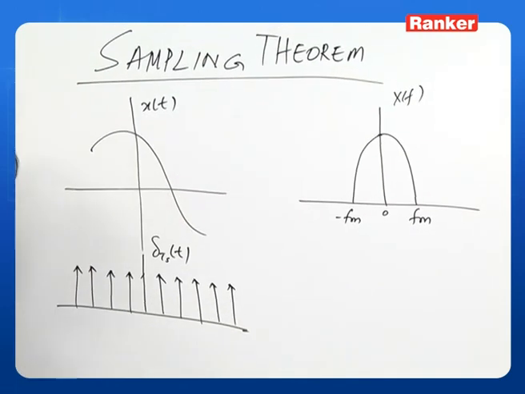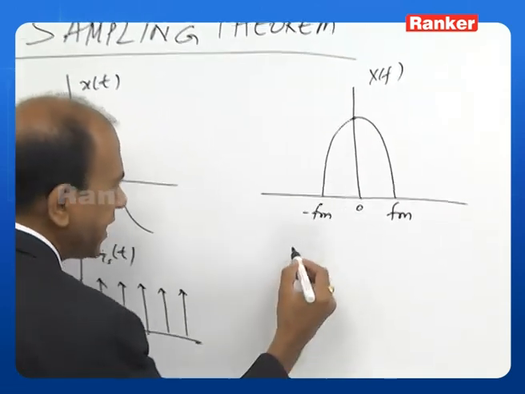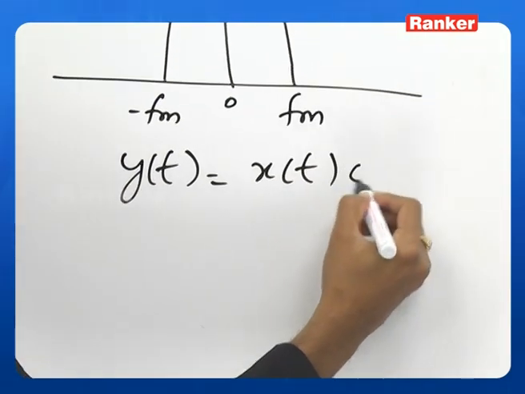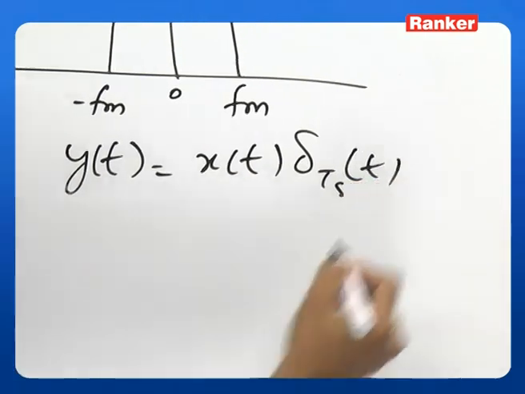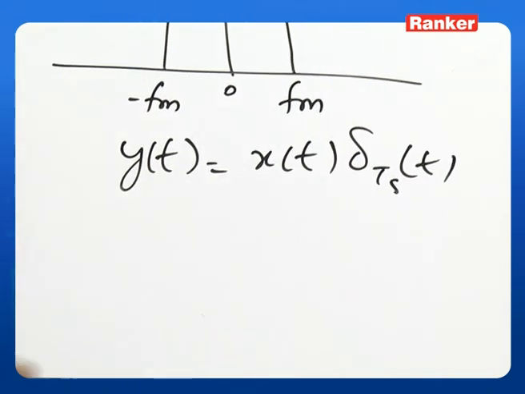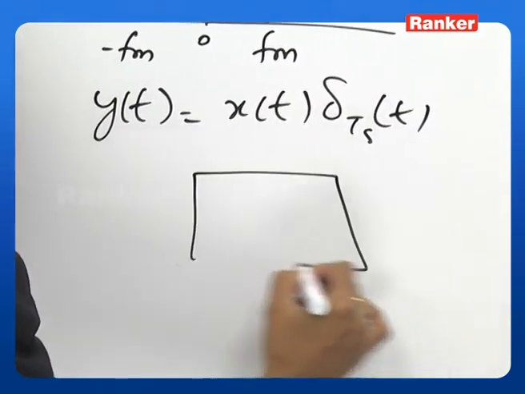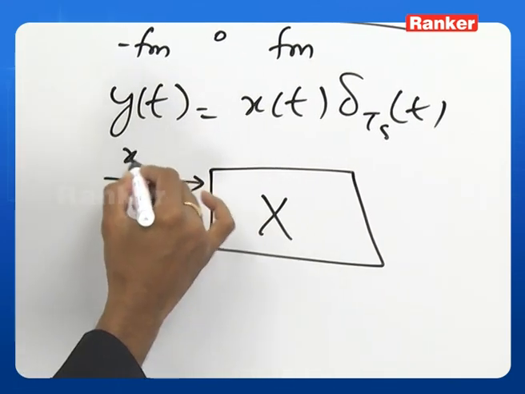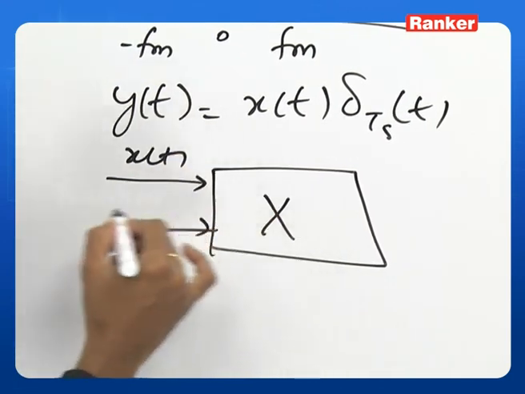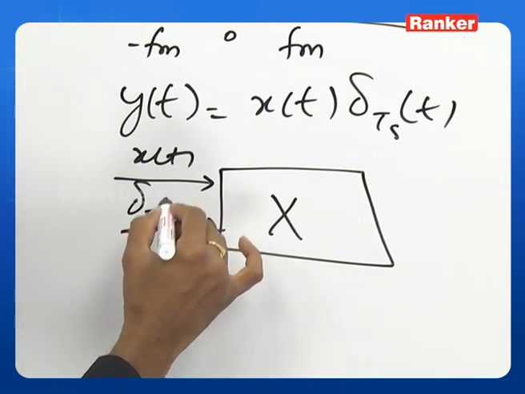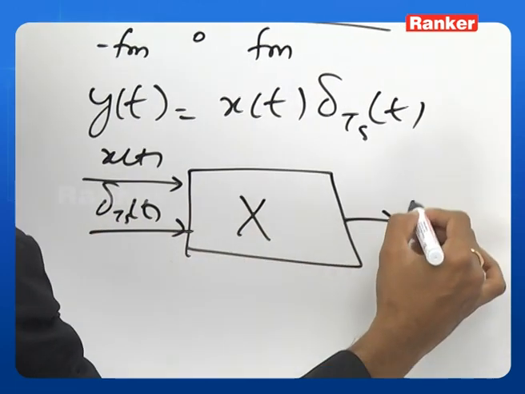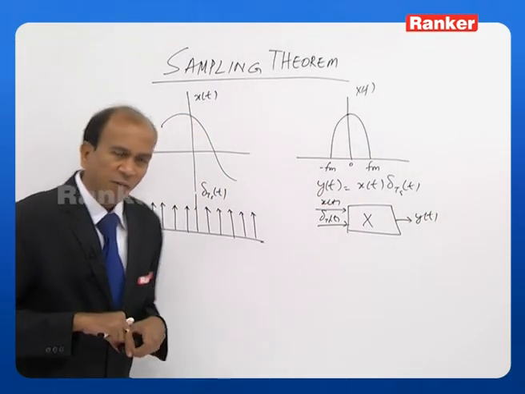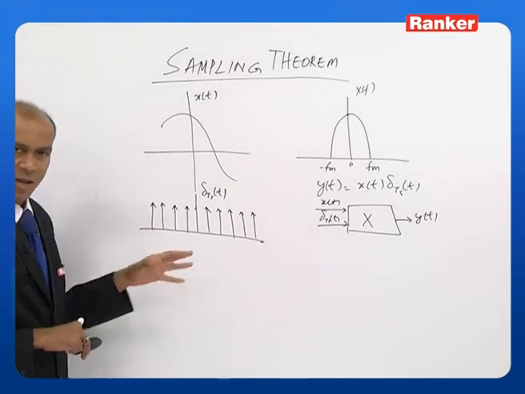So, how are we doing sampling? What did we say? We said y of t is equal to x of t times delta Ts of t. So, we are having a product of this. That means, let us take, you have a multiplier here, this is my multiplier, then I will give my x of t here, then I will give my delta Ts of t here, then my output is y of t. Now, what do I have to do?